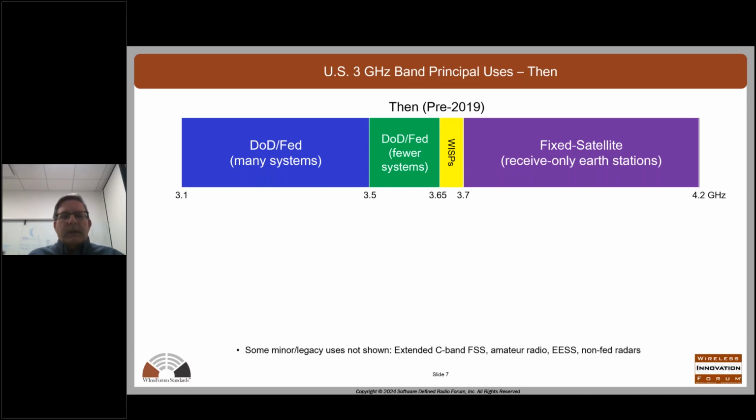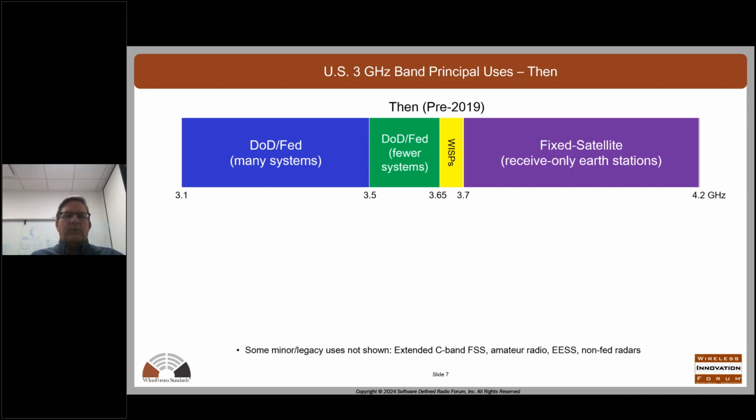So specifically, I like to divide the 3 gigahertz band up into chunks that you can get your brain around. From 3.1 to 3.5 gigahertz, the DoD and other federal systems, there are a lot of them. There are dozens of different systems, not dozens of transmitters, but dozens of systems, each of which have many transmitters and receivers that need to be protected.